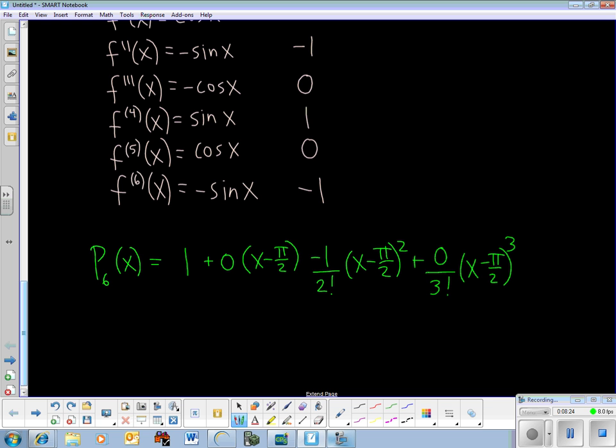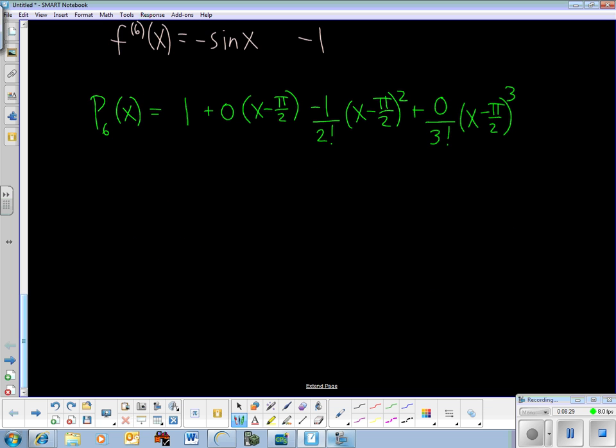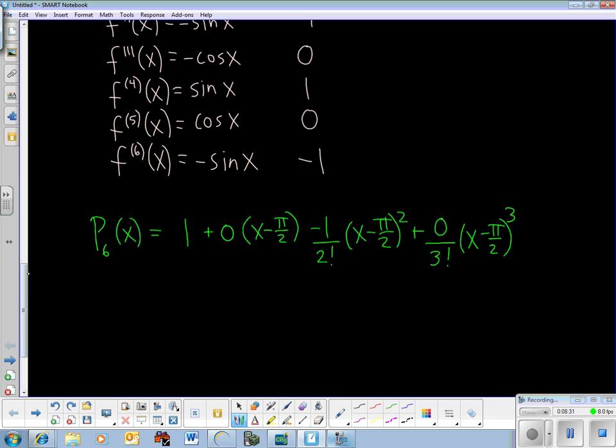Okay, that one, like the first degree term, is going to get wiped out because of the 0, and that's just the nature of sine and cosine. They're equal to 0 a lot. My next one's a positive 1, so I'm going to jump down a line. Fourth derivative is 1, 4 factorial is 4 factorial, and fourth power is fourth power. Okay, next one is 0. This one's going to be gone in a minute.